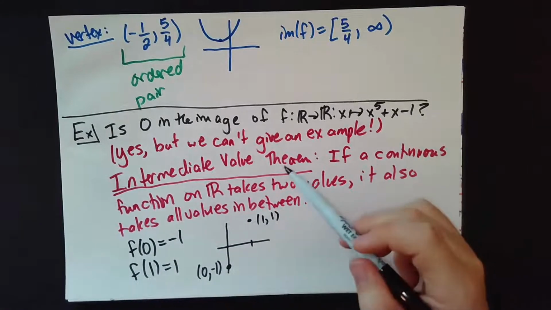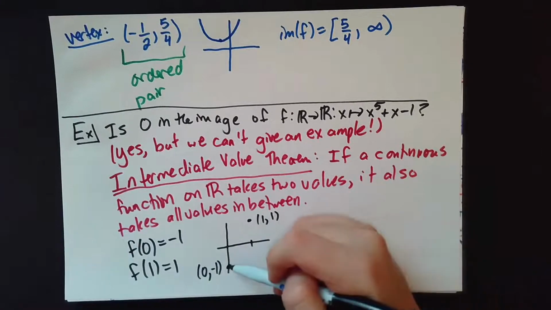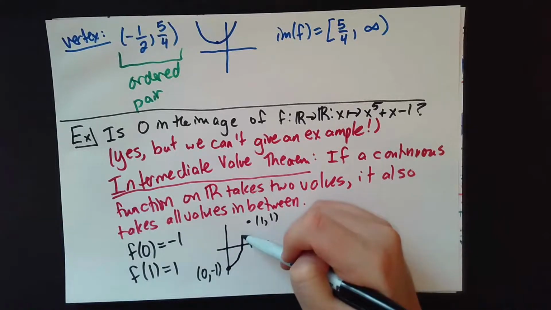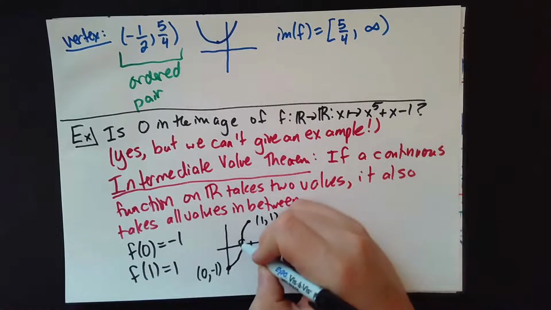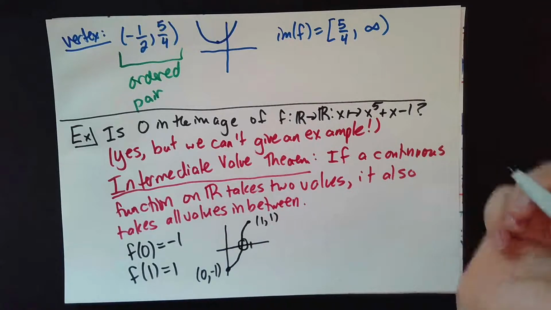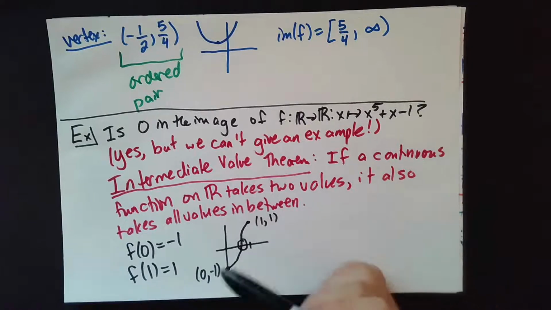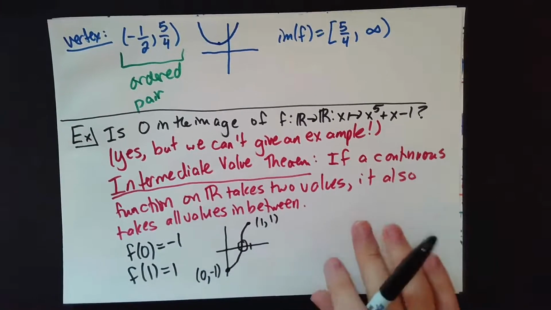Basically, what the intermediate value theorem is saying is that if I'm going to connect these two, it's not possible to connect these 2 points without happening to cross the axis somewhere. And wherever I happen to cross the axis, then it takes the value 0, and that proves to me that 0 is in the image. Okay. And in fact, every number between minus 1 and 1 is in the image.